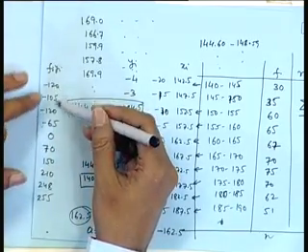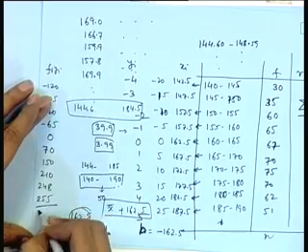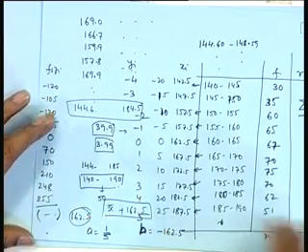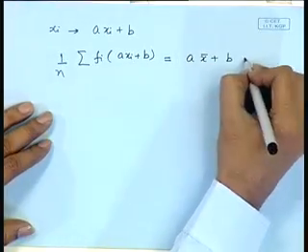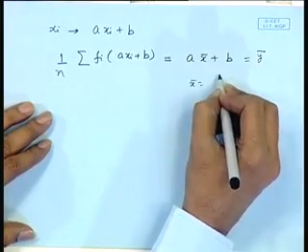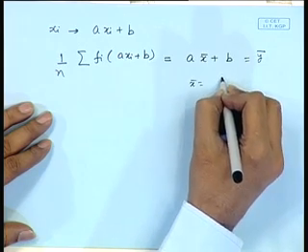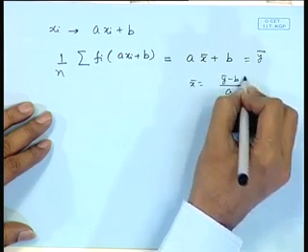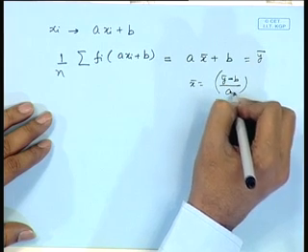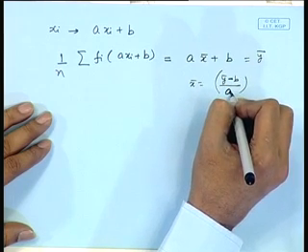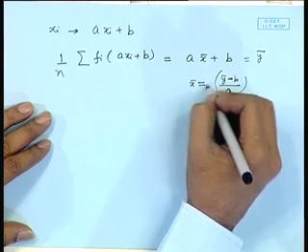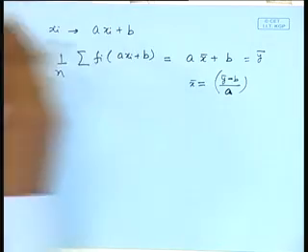So if you add, many of the values will automatically get adjusted and this total will become a much smaller number. Then in the answer, if this is y bar, then x bar is equal to y bar minus b by a. So whatever answer is coming, we subtract b there and we divide by a, and the arithmetic mean of the original sequence will come.